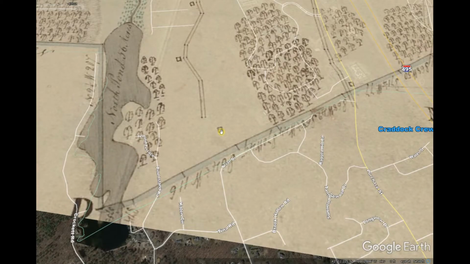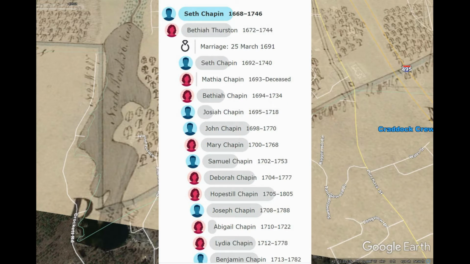So we know that the Nelson family owned this property, and I think we can go back even a little bit further to see how the Nelsons acquired it. If we look at the Nelson family tree, we can see that Seth Nelson's mother, her maiden name was Deborah Chapin.